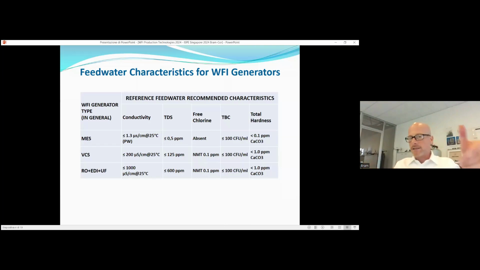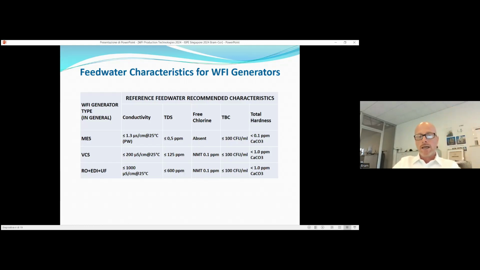The TDS that is related to the conductivity, it's about 600 ppm. The same content of free chlorine of 0.1 ppm. Total bacterial count is identical to the others. And we have the possibility to have a hardness that is 1 ppm as CaCO3. These are the three characteristics.